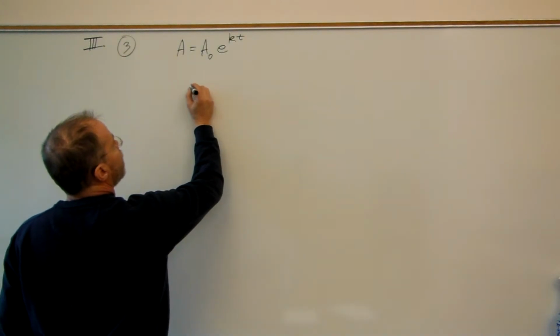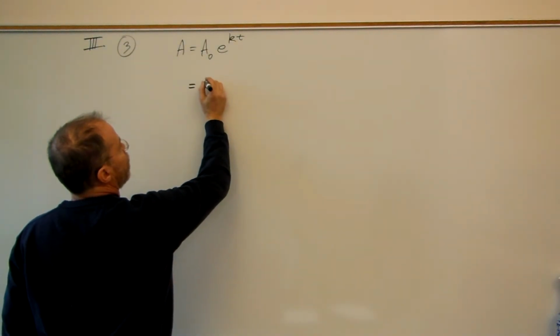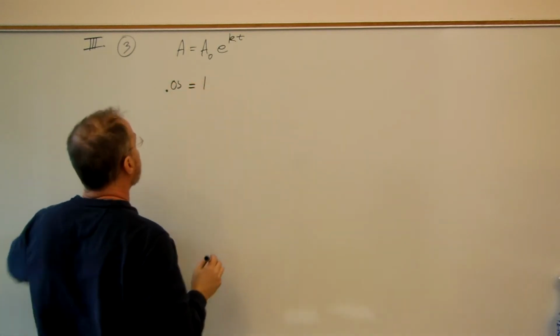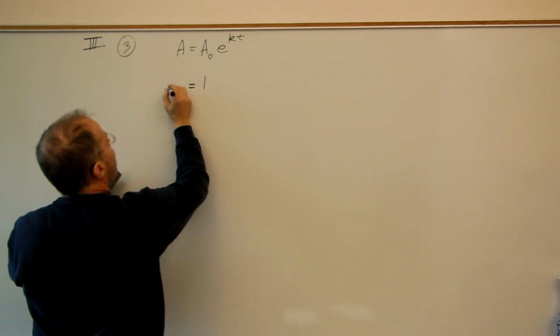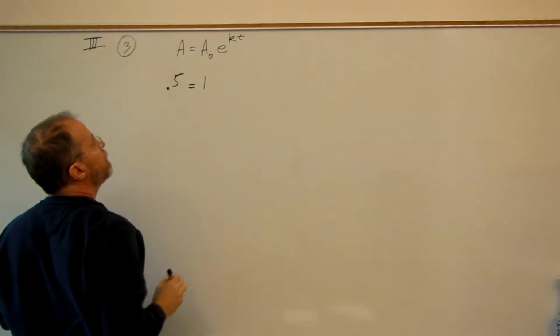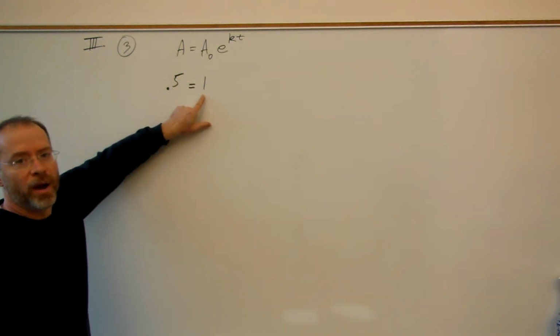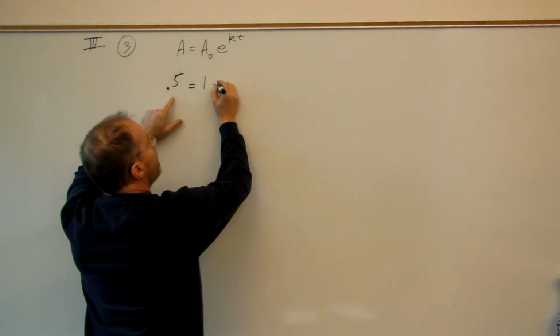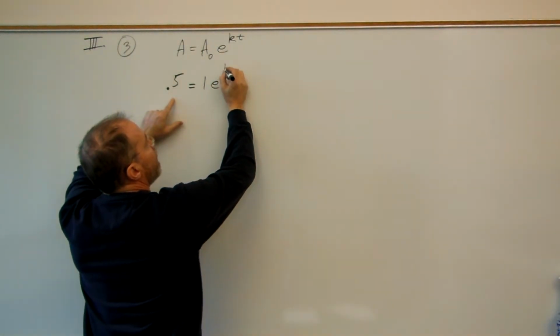model. A half-life means that if I started with, say, 1 gram, I'd wind up with half a gram after 1 half-life. So I'm going to put in 1 as my initial amount, 0.5 as the ending amount, e raised to the k here I don't know.